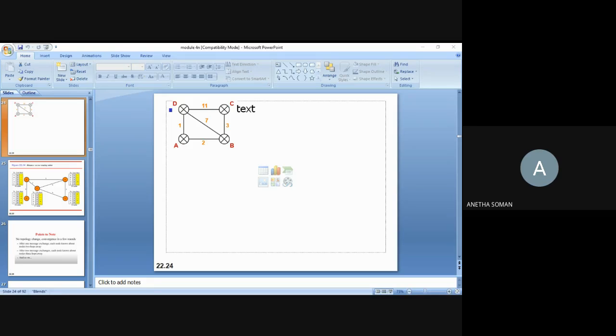Jyotish. Karthik. Jyotish. Present, Miss. Karthik. Kavya. Present, Miss. Nachiketas. Present, Miss.